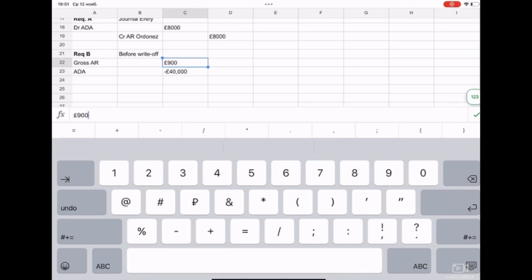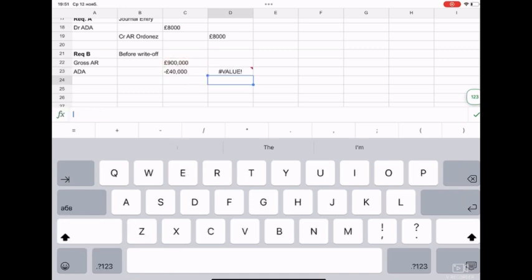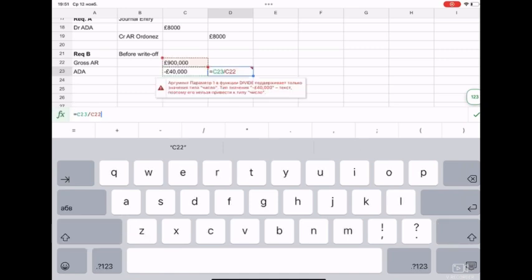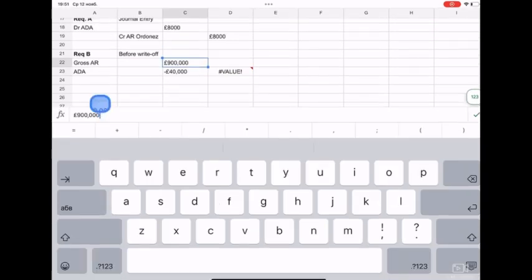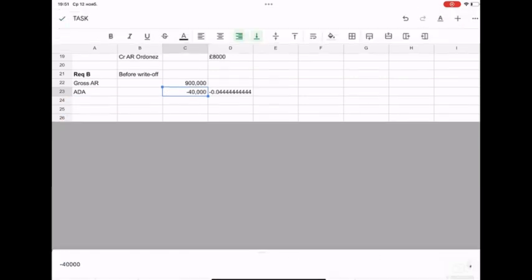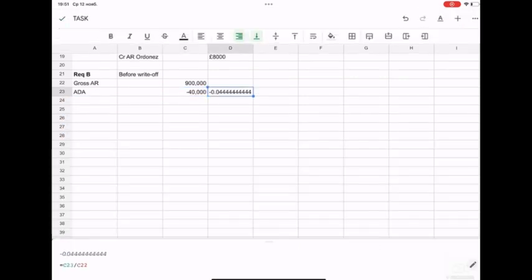Let me write it like this. The Excel on iPad is kind of not really comfortable, but I'm trying my best. What if I write it like this without the currency?